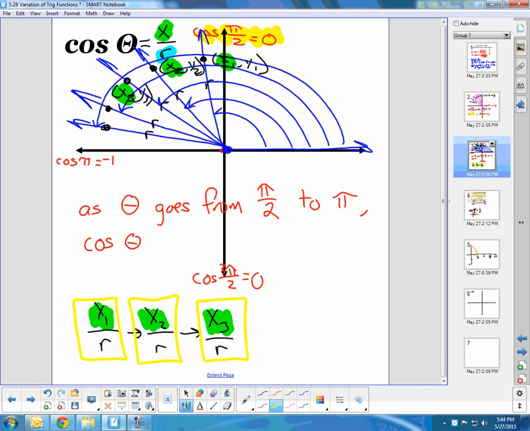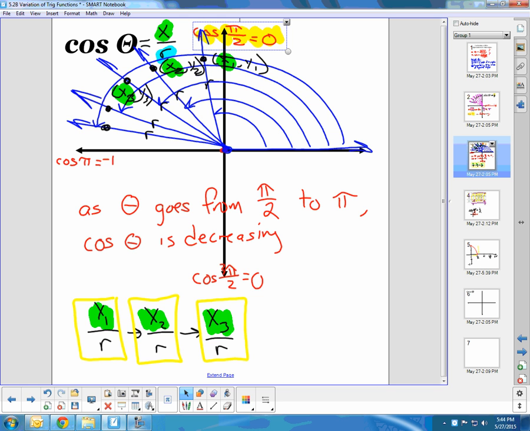You go farther away from 0 in the negative direction, your overall values are getting smaller. So as theta goes from pi over 2 to pi, cosine of theta is decreasing. And we know it's decreasing specifically from 0.